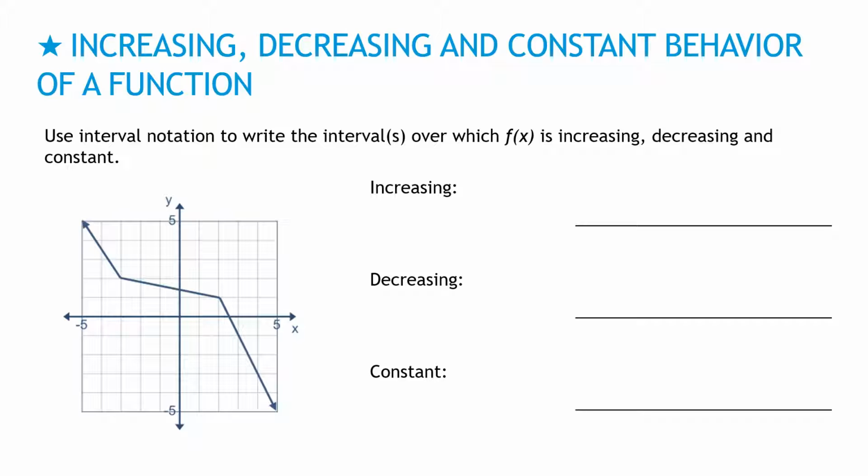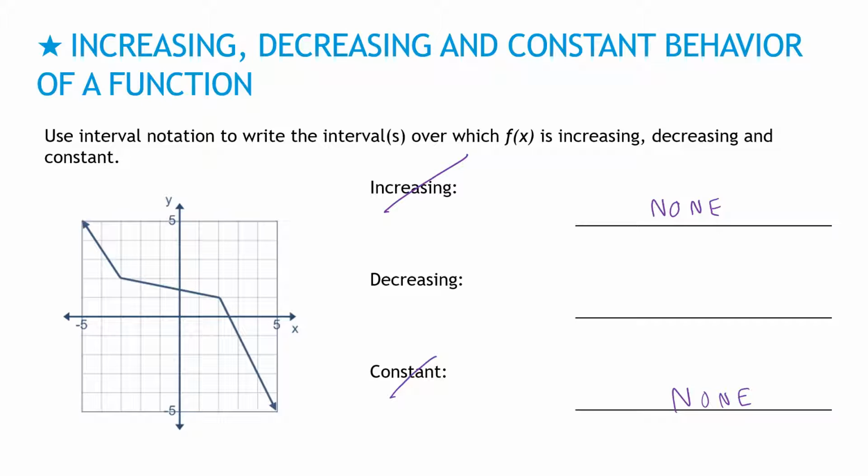So if I'm looking at this, I can see that there is no area in which this is increasing. The graph is never going up from left to right. So no increasing. Same thing, no constant behavior because it never just levels out.